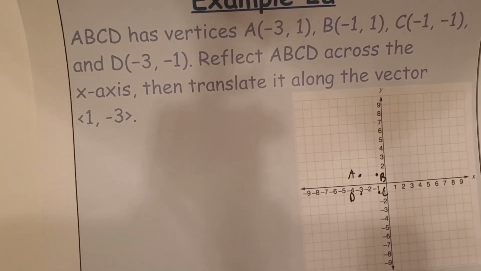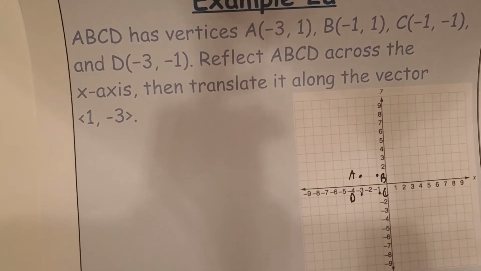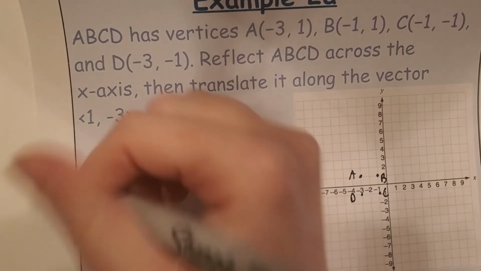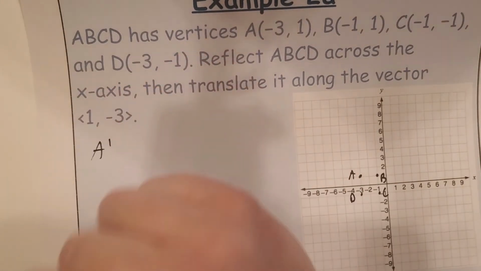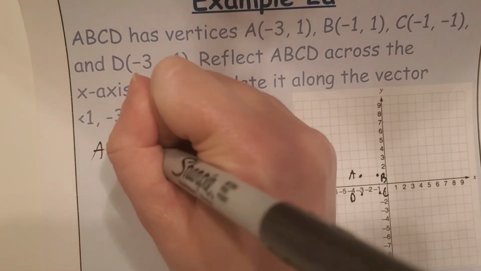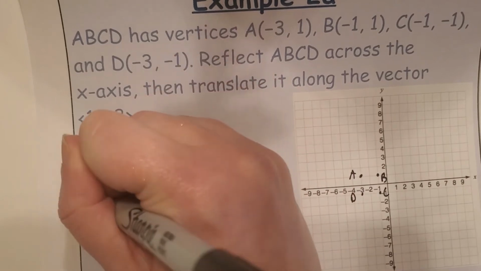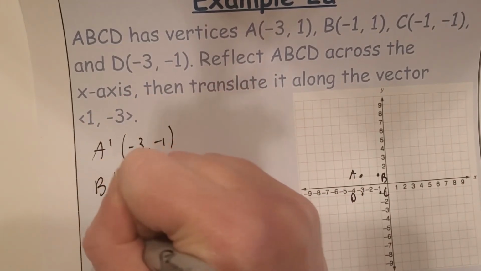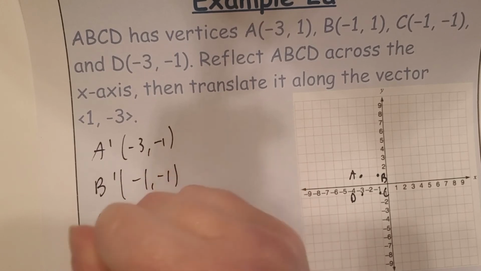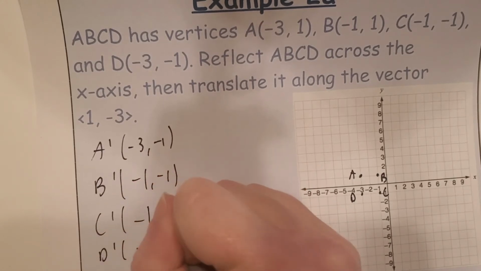As we saw earlier, the signs are going to be switched for the y values when you reflect across the x-axis. So A prime is going to be -3, -1. B prime is going to be -1, -1. C prime is going to be -1, 1. And D prime is going to be -3, 1.